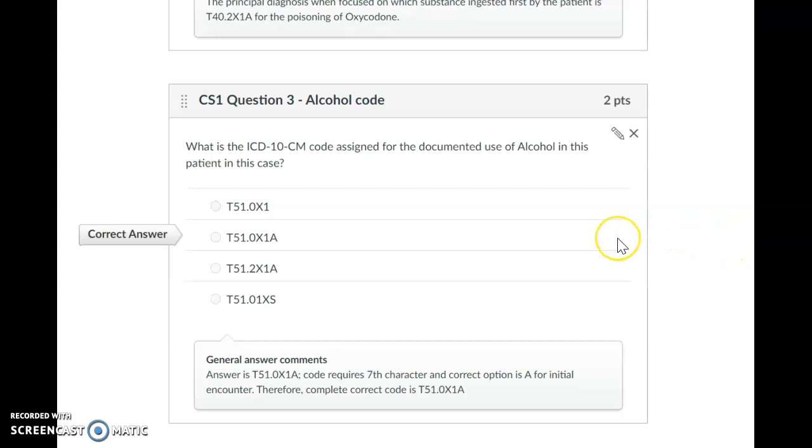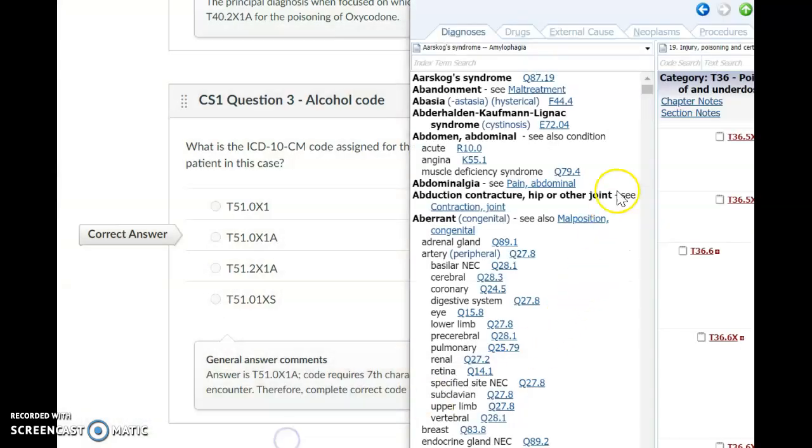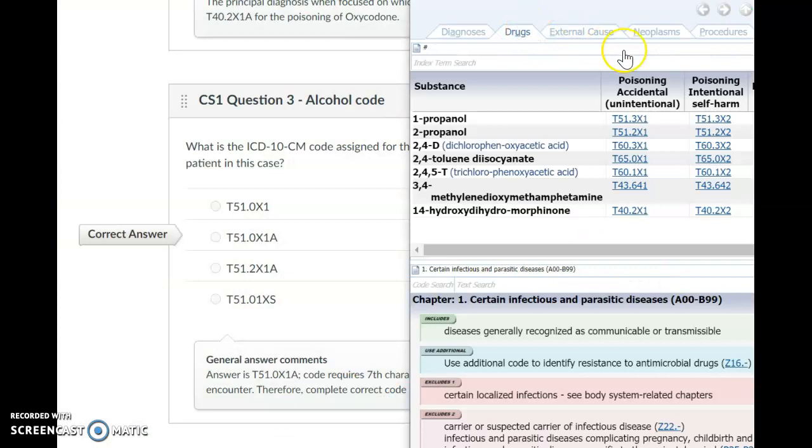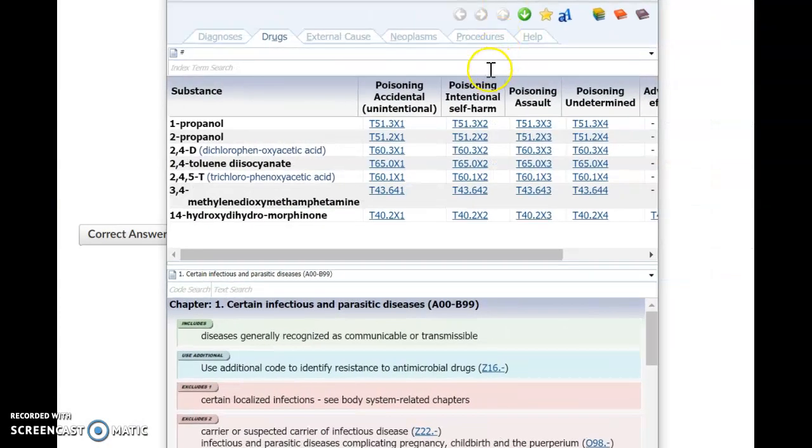Make sure that when you go to your T codes for your drugs, you are in the poison accidental column for this one, unintentional. They were just trying to make the pain go away. No, that's not the right drug, but just so you're in the right column.